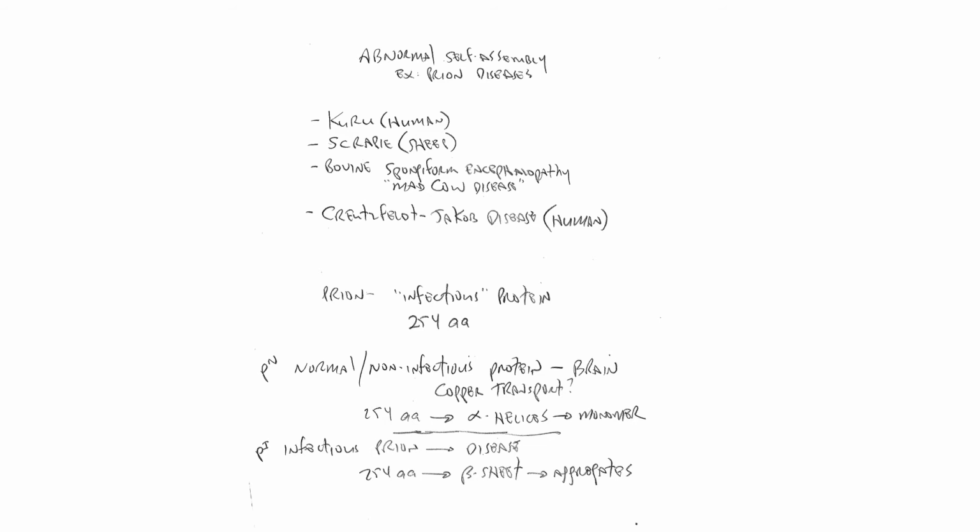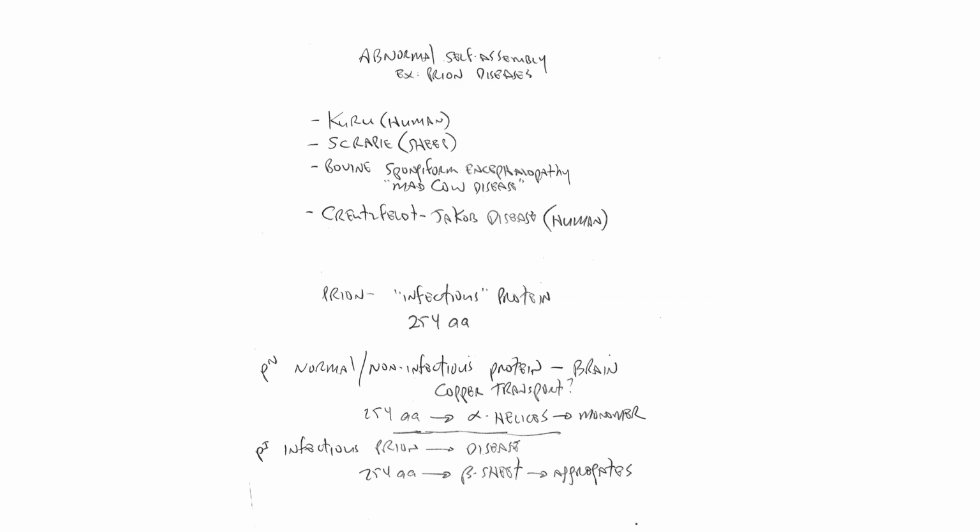Now, why would the same 254 amino acids do two different things? We don't really know that. It could be that the infectious form may be modified in some way after synthesis. Maybe the addition of some other element or some other small protein gets attached to it, causing it to aggregate. So the ones that cause disease aggregate just like with Alzheimer's, and that's what causes the lesions in the brain.